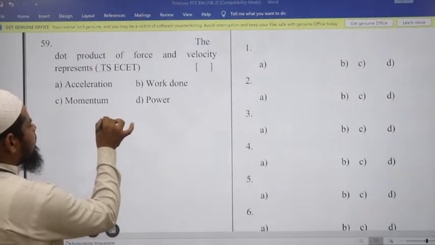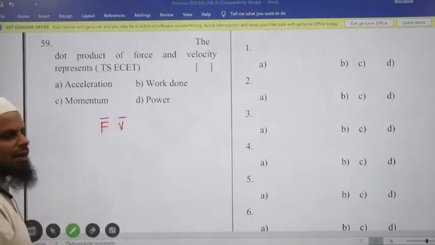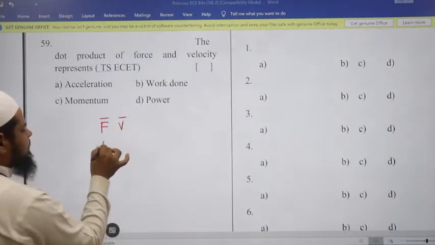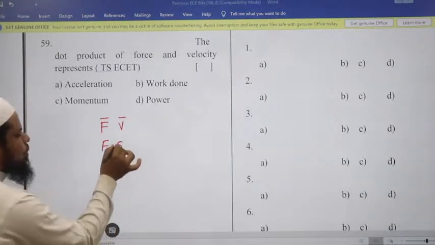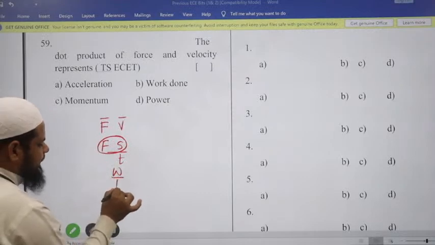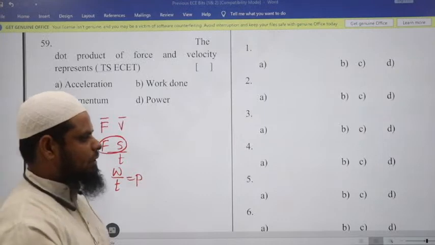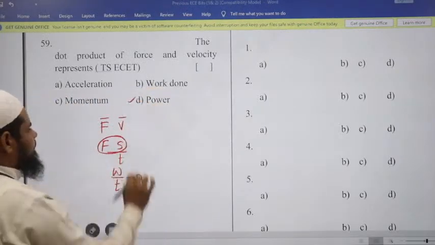The force and velocity product I can rewrite as force into displacement by time. What is force into displacement? Work. Work by time, what is that? That is power. So the answer is power.